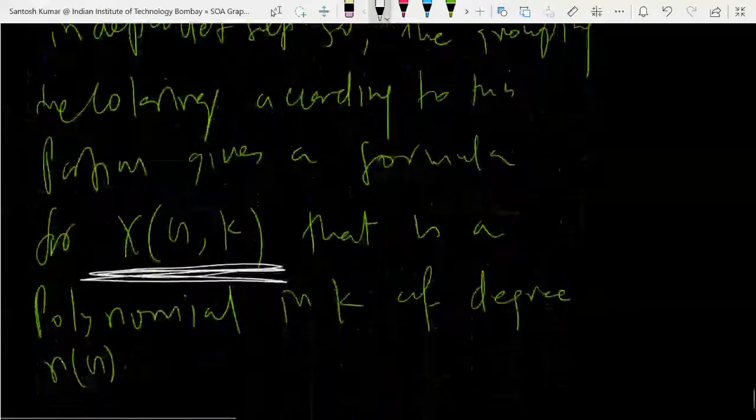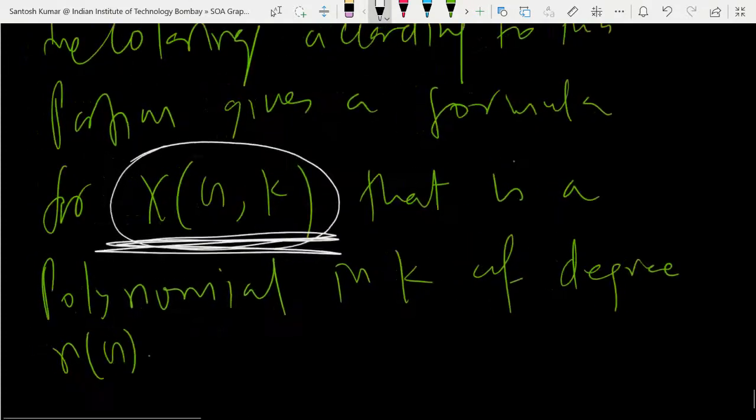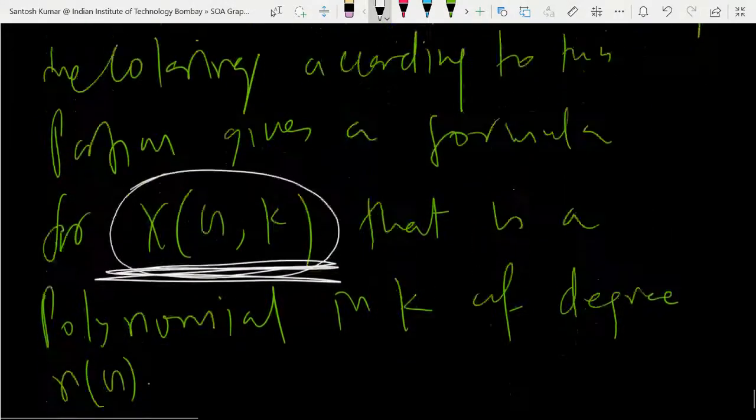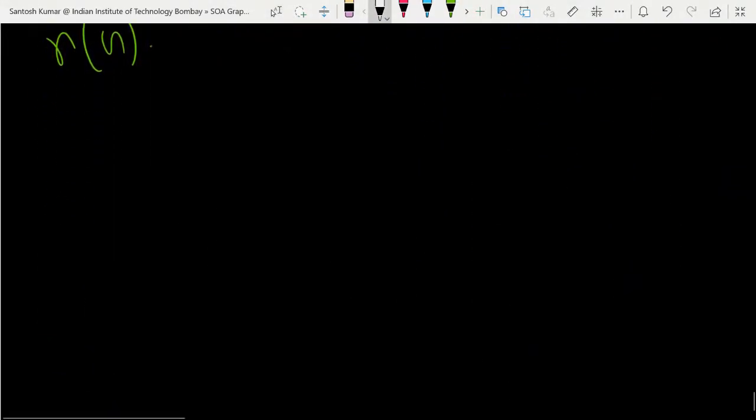So the number of proper colorings of graph G using k colors is nothing but a polynomial in k, and the degree of that polynomial will be the order of the graph, ng. For every graph you can do this, what I did for C4.